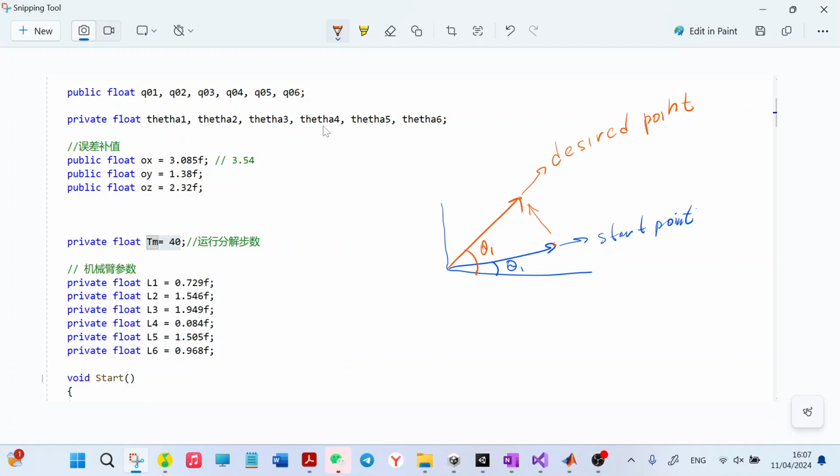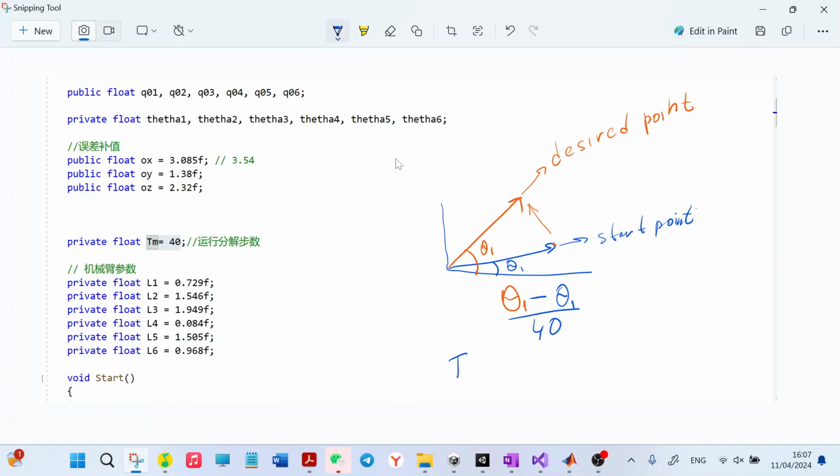So here is just the inverse kinematics point, and we also need to calculate the trajectory. The trajectory here is calculated as follows: this orange theta 1 minus blue theta 1, divided over 40.